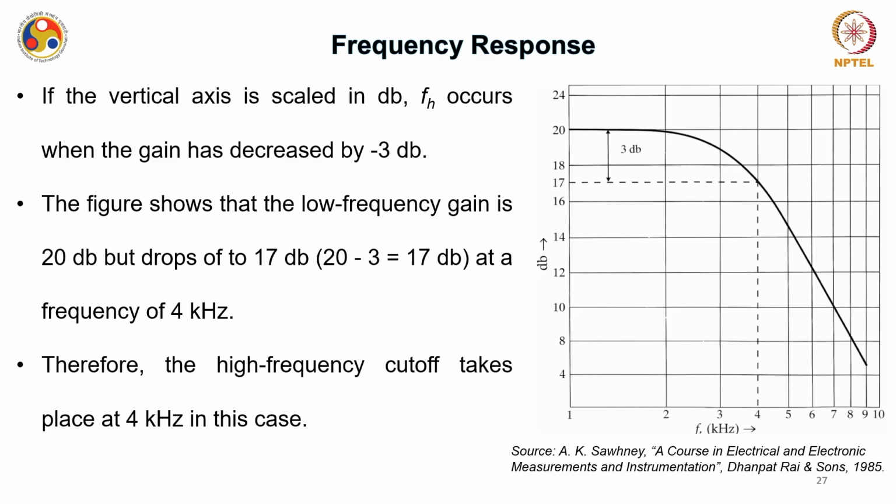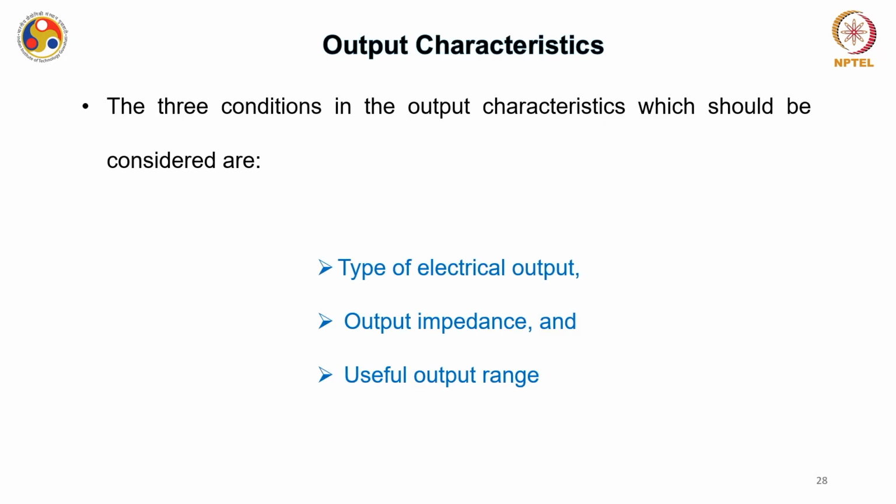This figure shows the low frequency gain is 20 dB, but drops off to 17 dB, meaning a drop by 3 dB at a frequency of, in this case, 4 kilohertz. Therefore, we can simply say that the high frequency cutoff takes place at 4 kilohertz for this particular case. Depending on what kind of transducer it is, you may have a variable higher cutoff frequency, but it is useful if your operation requires a frequency consideration.